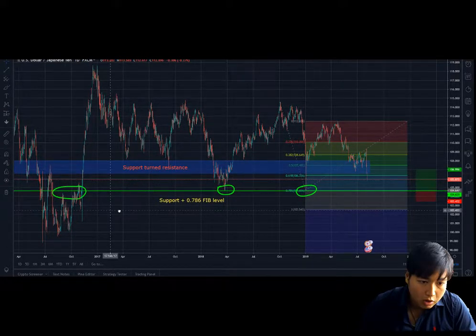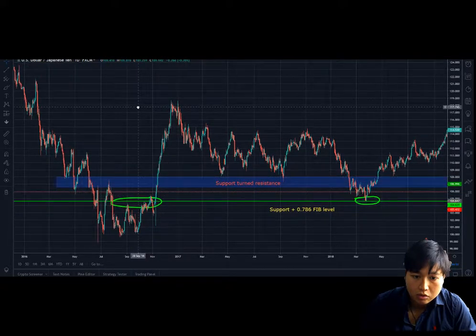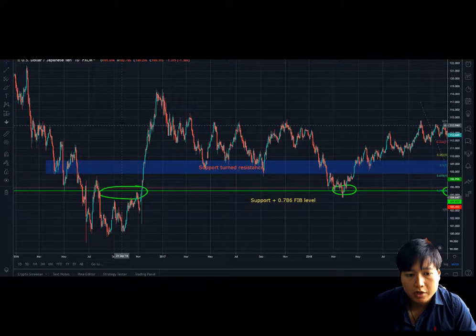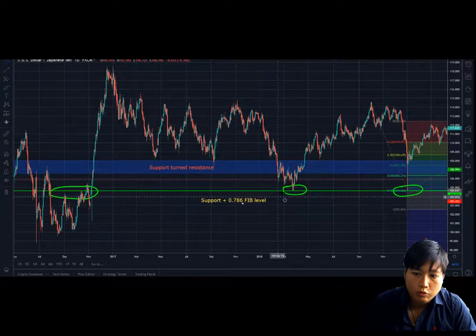So here is a bit more interesting, because it used to be the resistance. You see over here, almost, and then the second time as well, and then when it broke through, it did a retest, and then the real one, it broke all the way through. So when price breaks through the resistance, the resistance now acts as the support, as you can see over here and here.